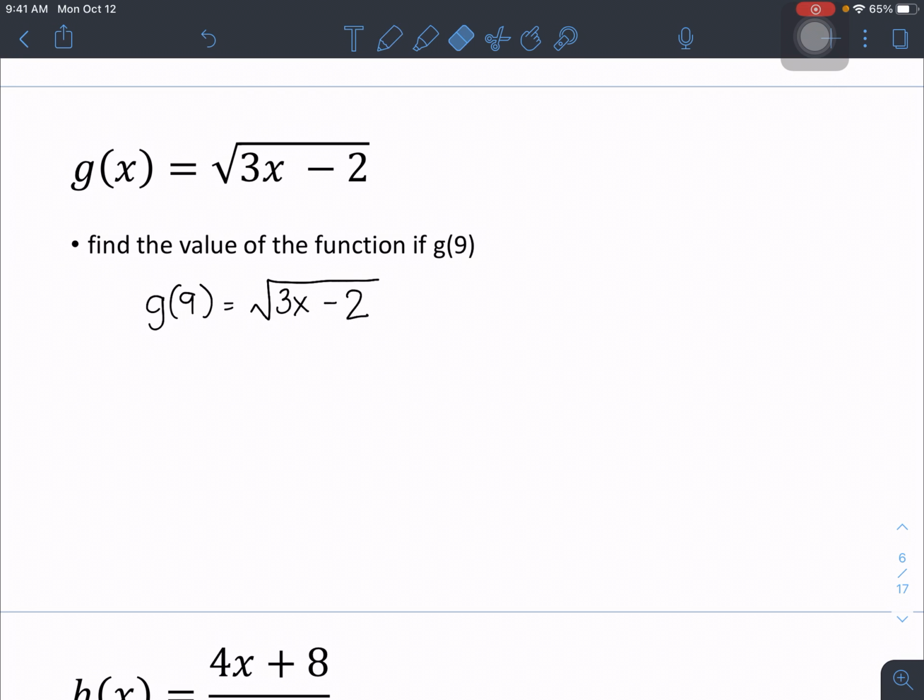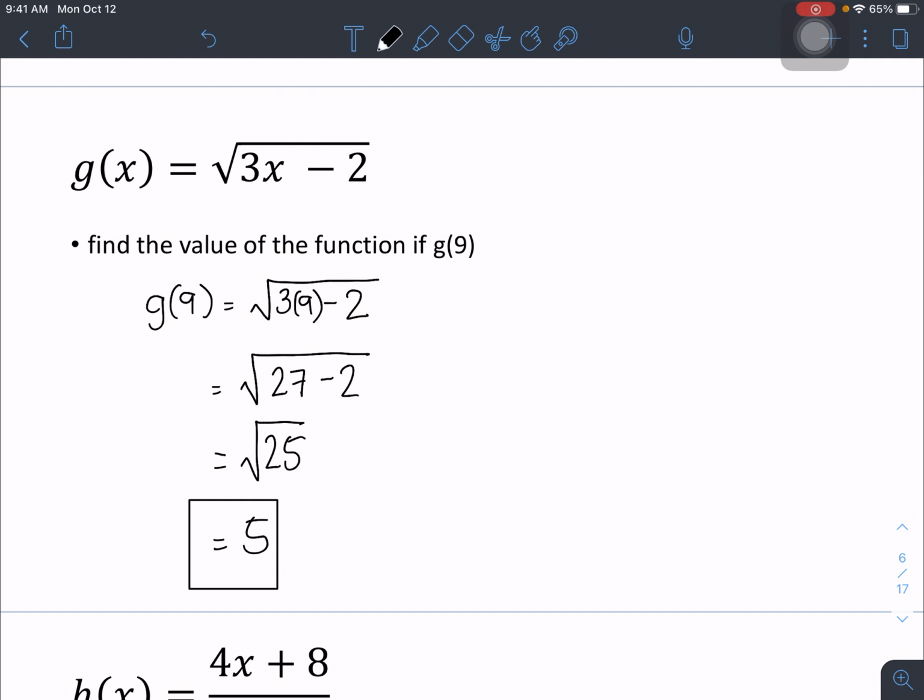I'll replace x here by 9. So this will be 3 times 9 will be 27, minus 2. So 27 minus 2 will be 25. Square root of 25 will be equal to 5. Okay.